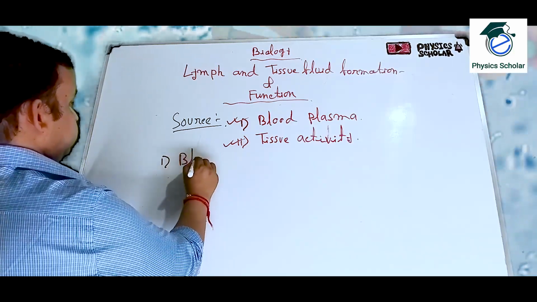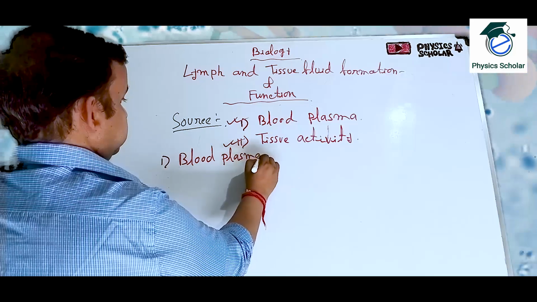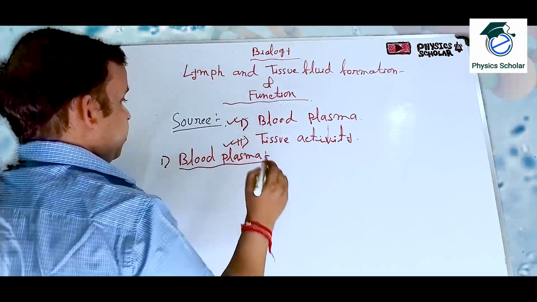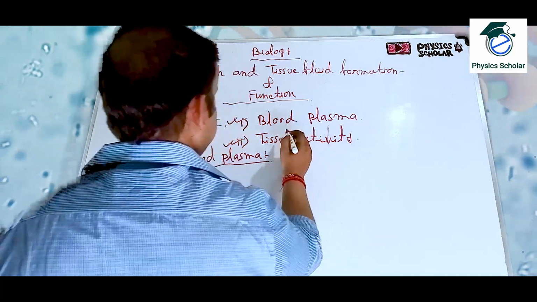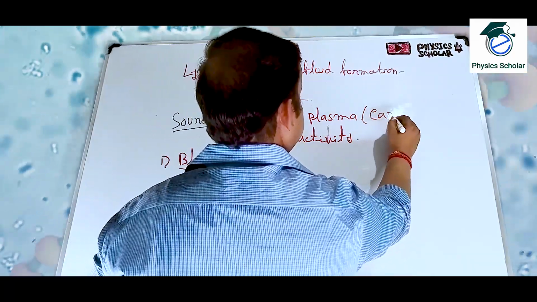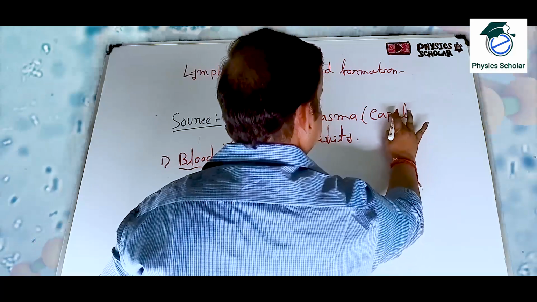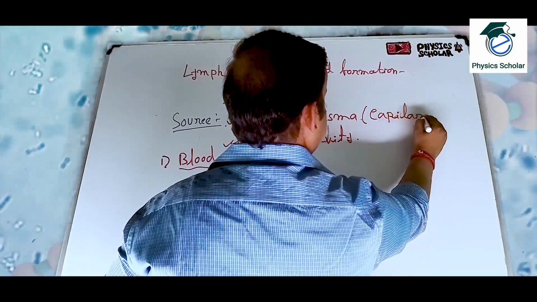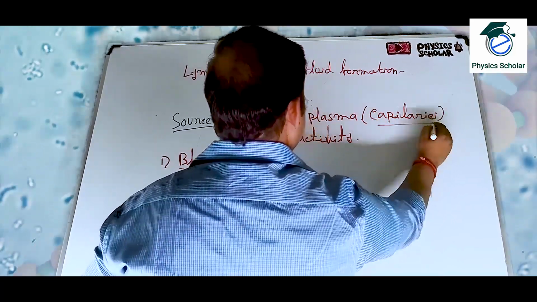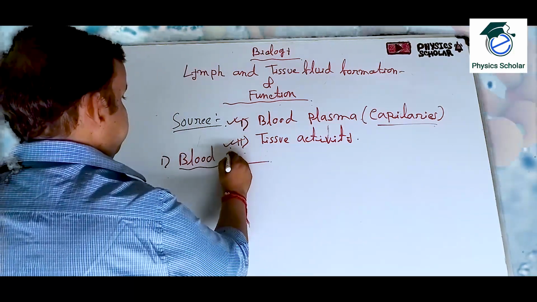So first is blood plasma, and from where is it coming out? Capillaries. So blood plasma, or we can write blood capillaries.